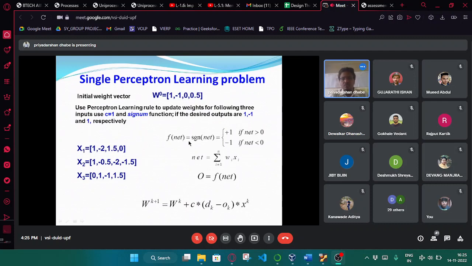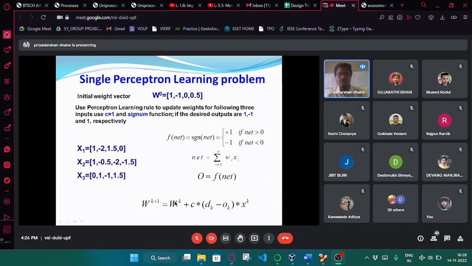We are supposed to use the signum function. We know that signum of net is equal to plus 1 if net is greater than 0, and minus 1 if net is less than 0. We calculate net using the weighted summation of WiXi. This net is provided as input to the signum function, and the output O is equal to signum of net. And we update the weights accordingly.